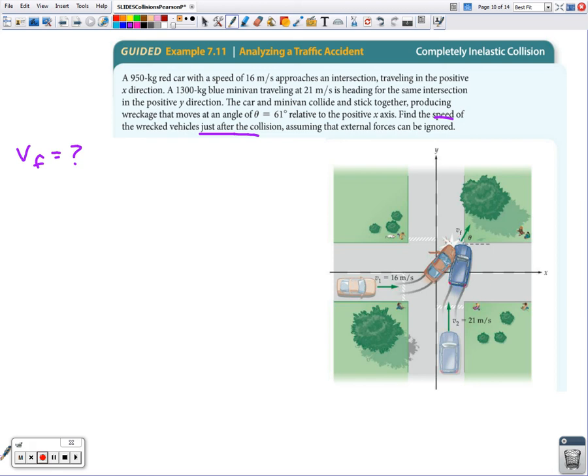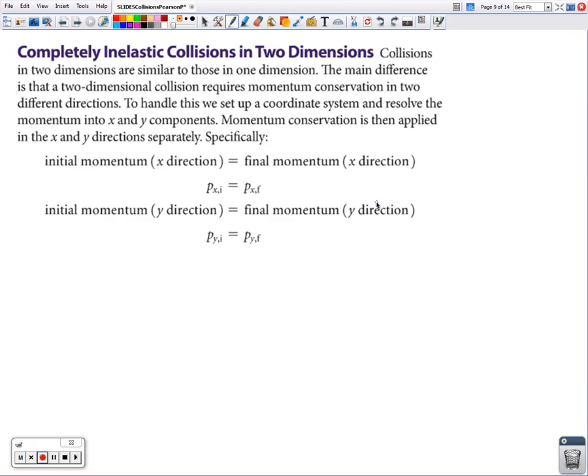However, in the description of the problem and looking at the picture, we can't do it in exactly the same way that we did the previous problem, even though this is a completely inelastic collision because the two objects stick together. Because of the way these objects are moving before the collision, we have to address this in a little bit different way. And that little different way is summarized at the bottom of the previous page.